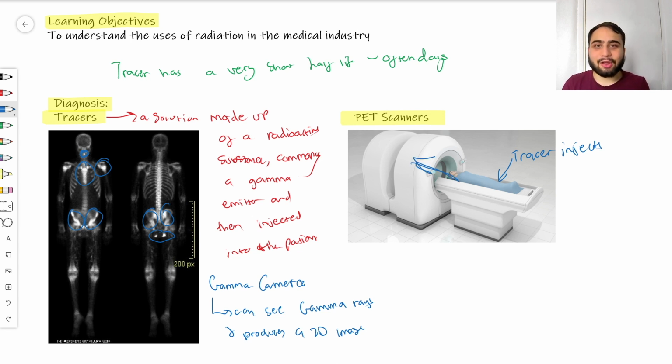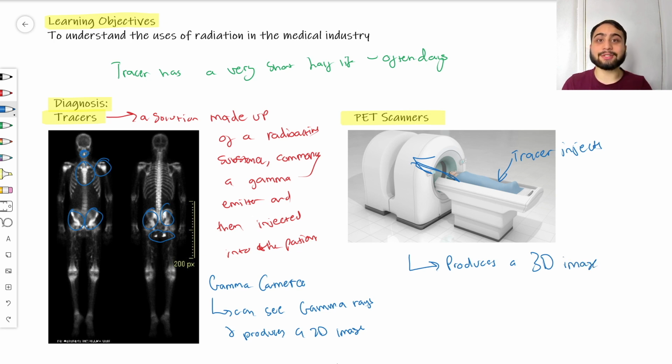Now this looks a lot like an MRI scanner. They have very common links between the two technologies, but what you need to understand is that the difference between a gamma camera image and a PET scanner image is that the PET scan produces a 3D image.